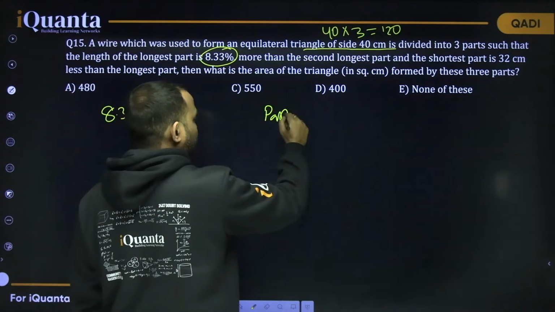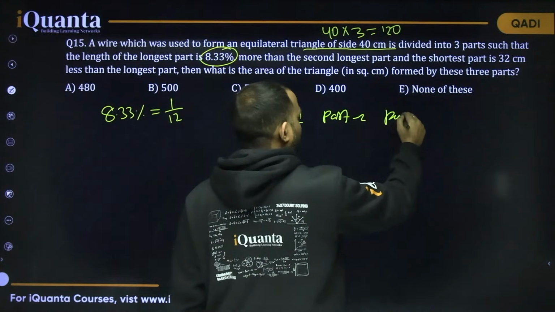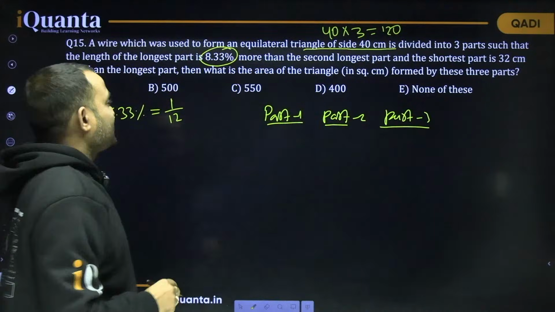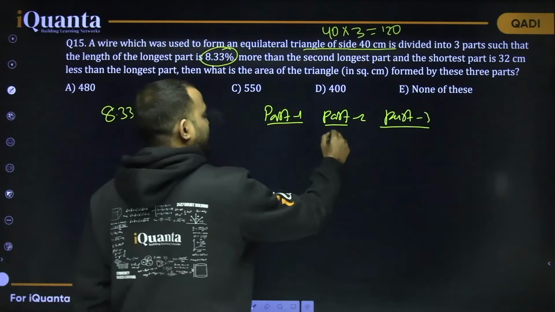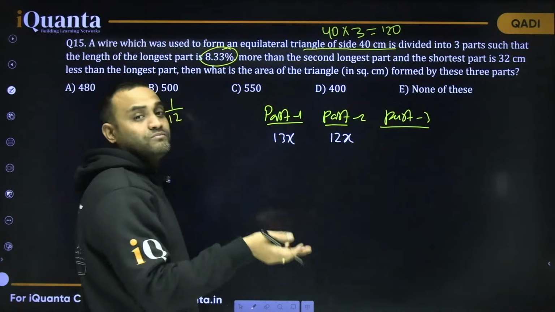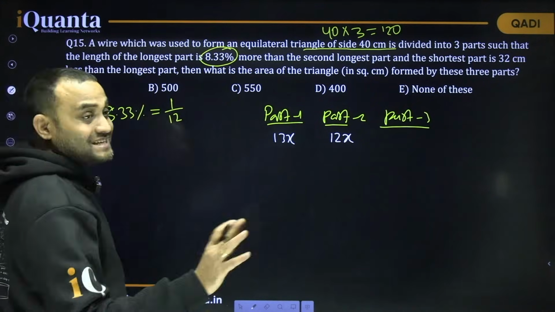Part 1, part 2 and part 3. So the longest part is 8.33% more than the second longest part. If I take this as 12x, this will be 13x, 1 by 12 more than this. The shortest part is 32 centimeter less than the longest part.